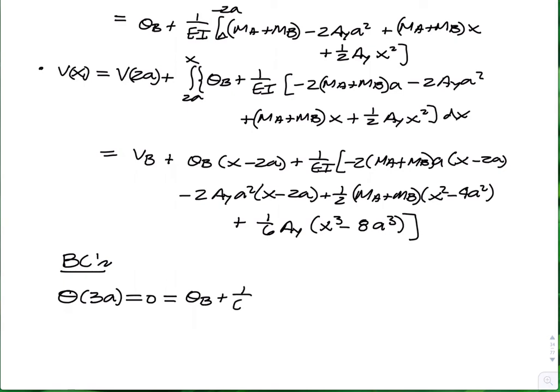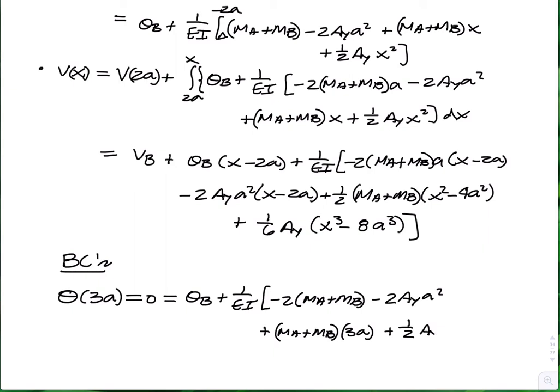So that gives me theta b plus 1 over EI minus 2 MA plus MB minus 2AY a squared plus MA plus MB x, and that's equal to 3a, plus 1/2 AY times x squared, so that's a 9a squared, like that.